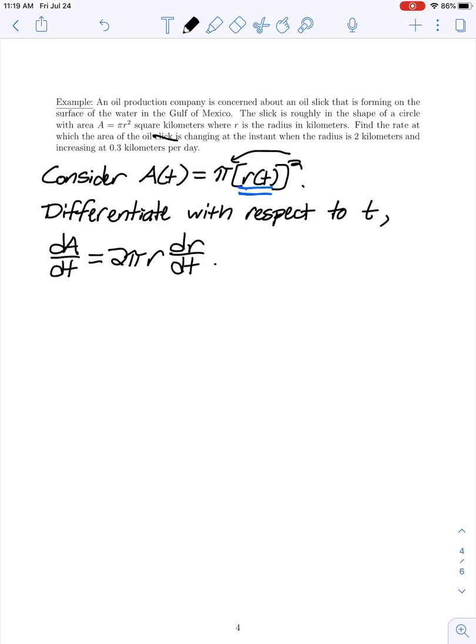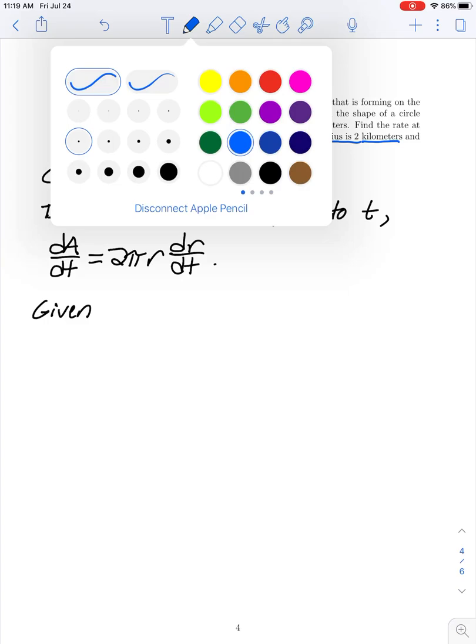So now, once we have our expression relating these derivatives, let's see what we're given in the problem. So here we are given that the radius is 2 kilometers at some particular time.